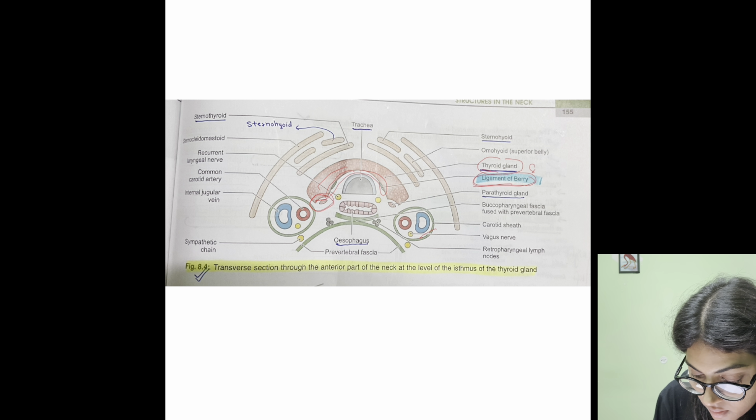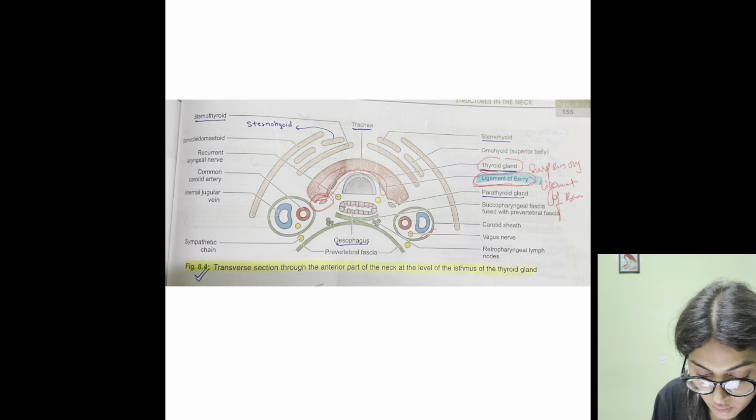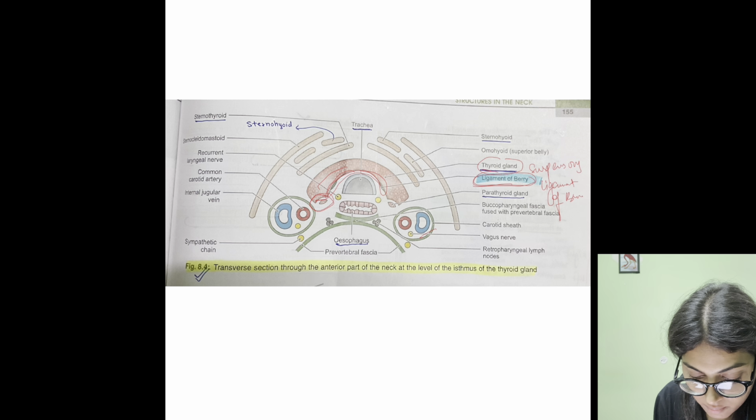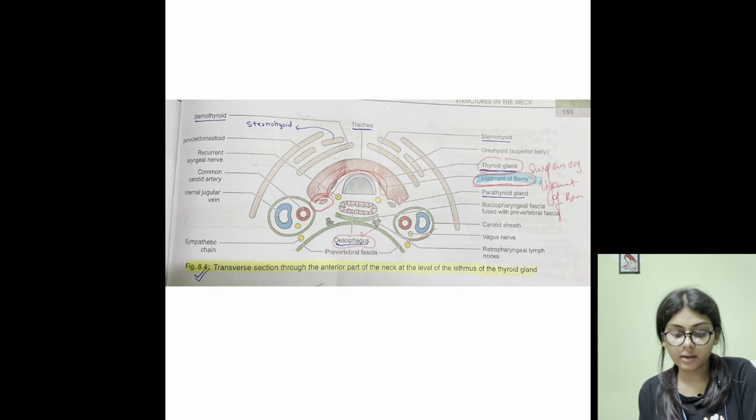This is the suspensory ligament of Berry. If we see in the diagram the back side of the thyroid gland, we have two tubes: first is the esophagus, and second is the trachea.